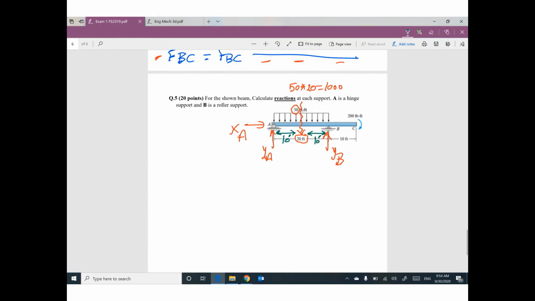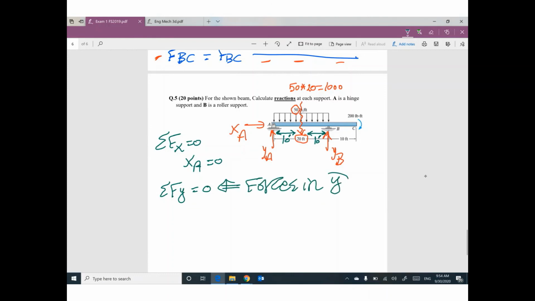Then we have 3 equilibrium equations. Summation Fx equals 0, so XA will be 0. Summation Fy equals 0. Guys, for summation Fy, I'm talking about forces in y. So we have positive YA, we have negative 1000, we have positive YB.